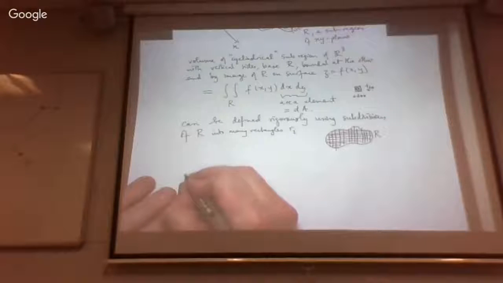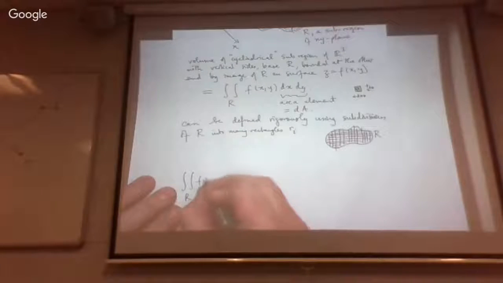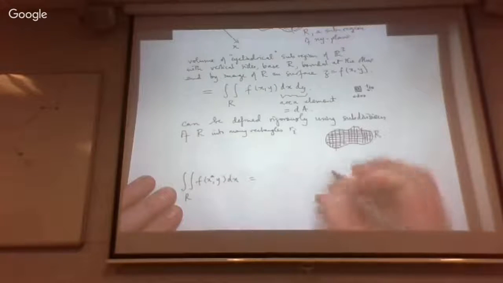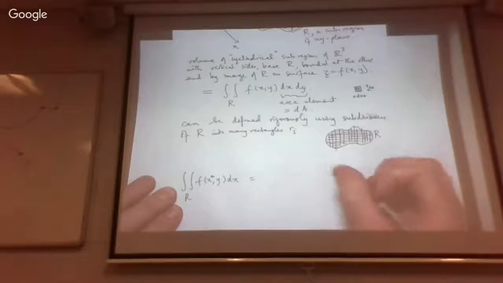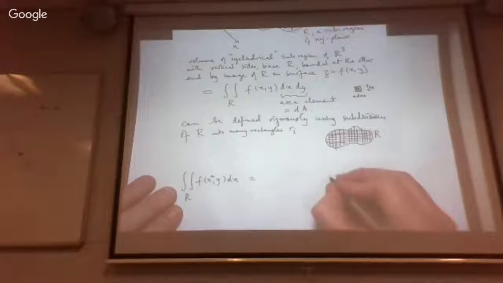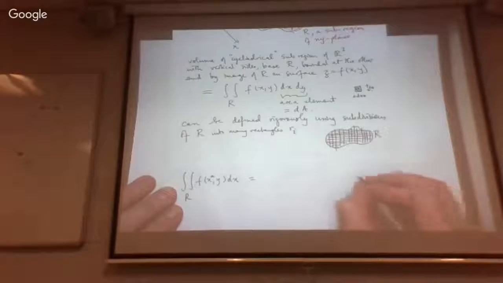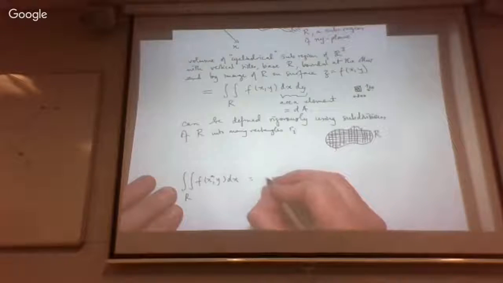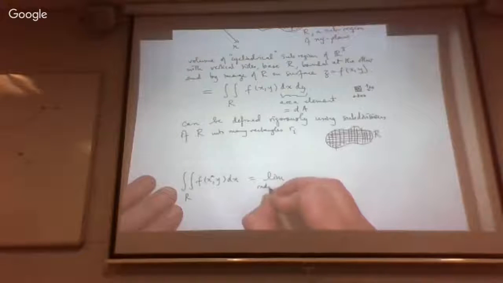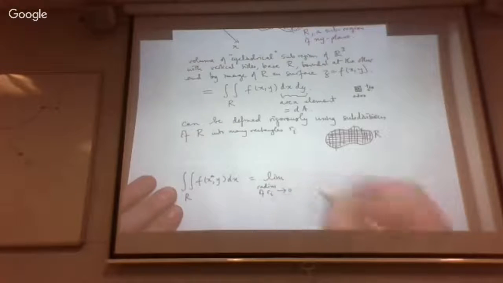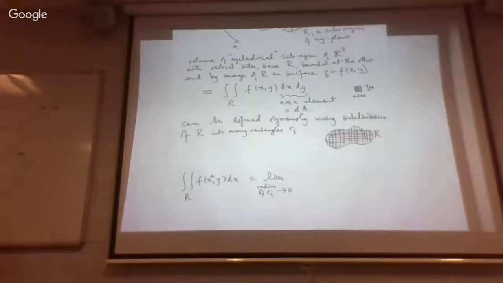So we can say that the integral over R of f of x, y, dA, and I want to build this up, but we're going to take the limit as the radius of the Ri's tends to 0. I'll just leave that loosely described like that.